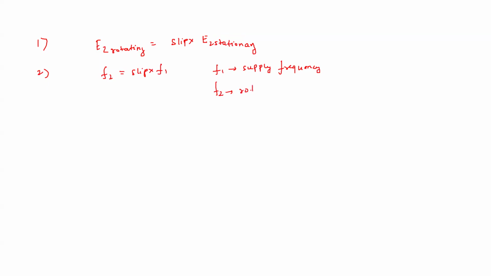F2 is the rotor frequency, the rotor EMF frequency. We know that the EMF frequency is proportional to Ns minus Nr, and then we can replace this with slip times of Ns. And this Ns you can write in terms of frequency, F1. So that is how it comes as slip times of F1.